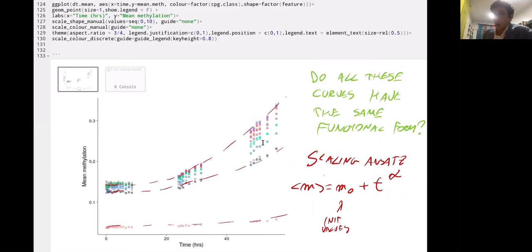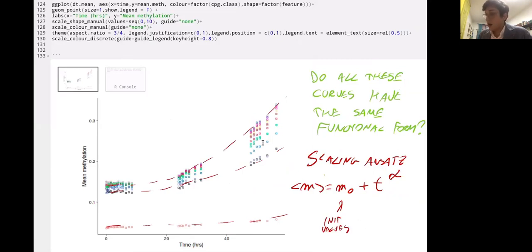And when we think about similar, we are basically asking: do all these curves have the same functional form? So basically, we want to do what is called in physics a scaling ansatz. We say, probably these curves are just the same curve. So basically, the average M is just an initial value, which of course we know is different for each of these CPG classes, but they have the same functional form in time.